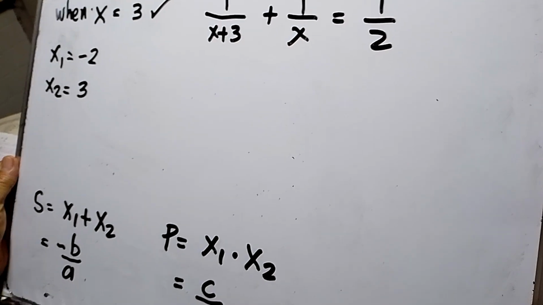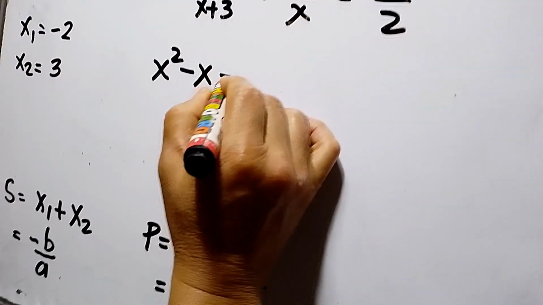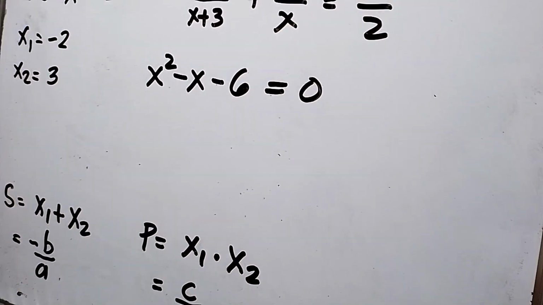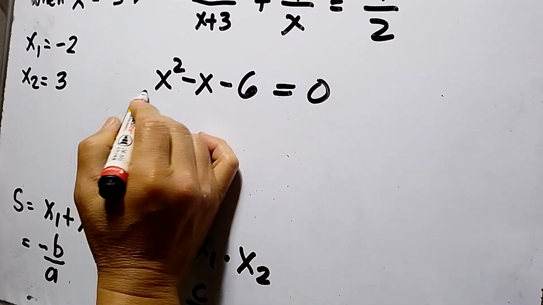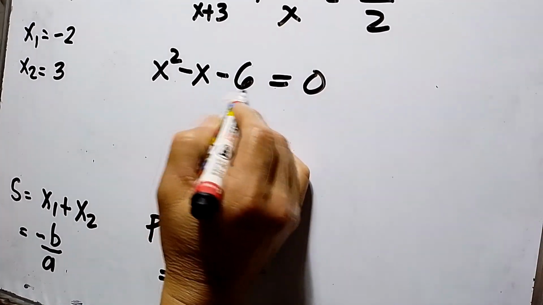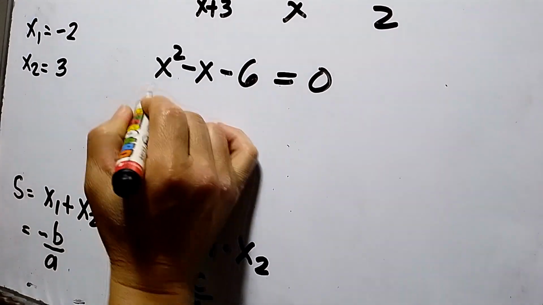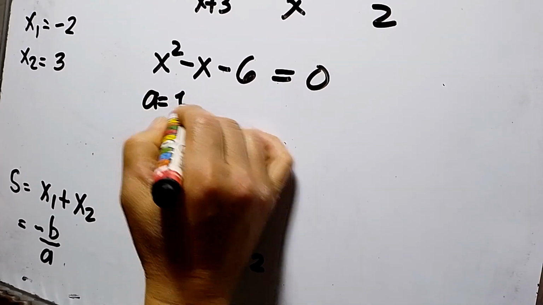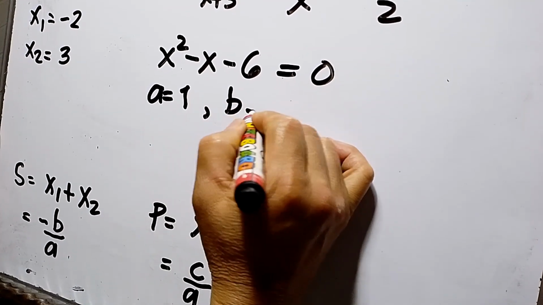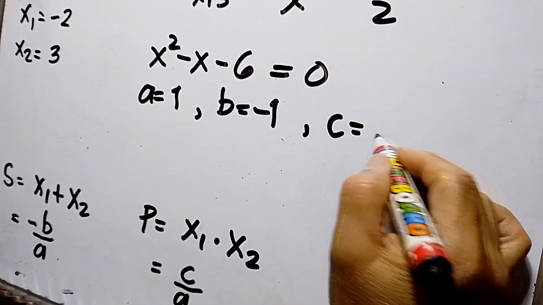Since the given quadratic equation before is x squared minus x minus 6 is equal to 0, then we will find the numerical coefficients of x squared, x, and the constant. So the numerical coefficient of x squared is a is equal to 1, b is negative 1, and then the constant is negative 6.